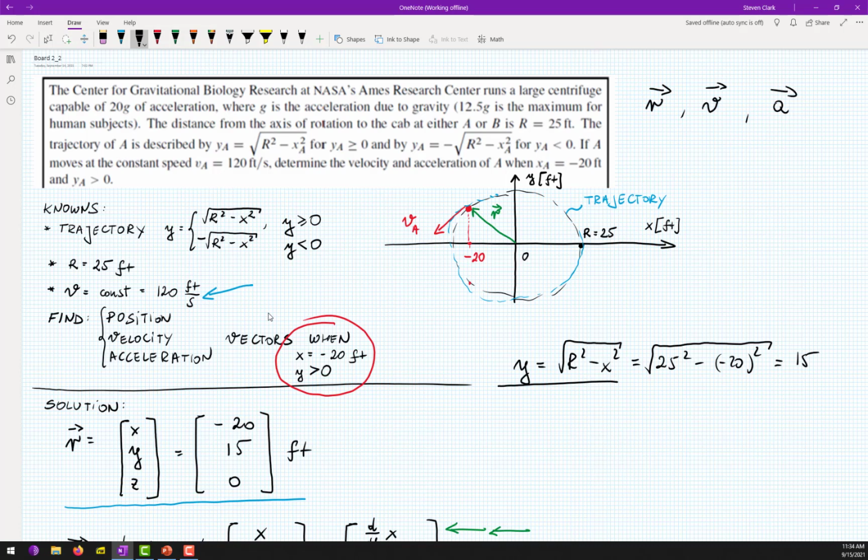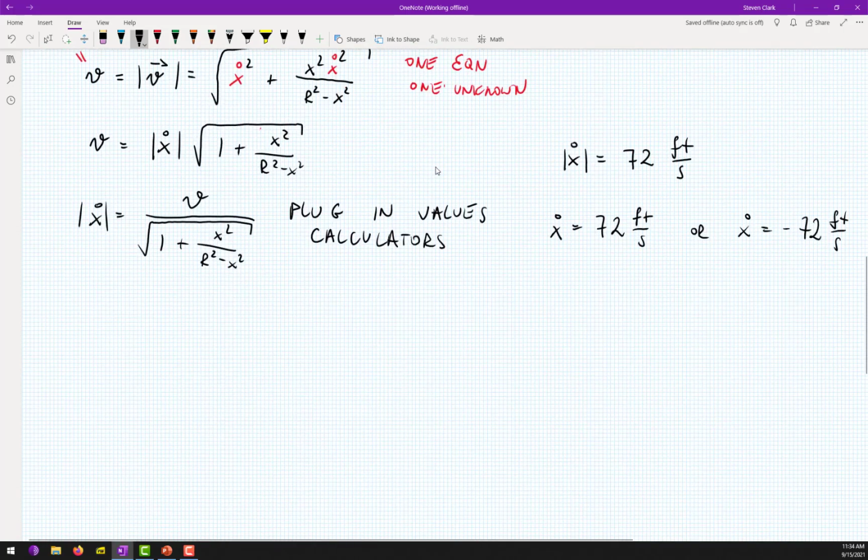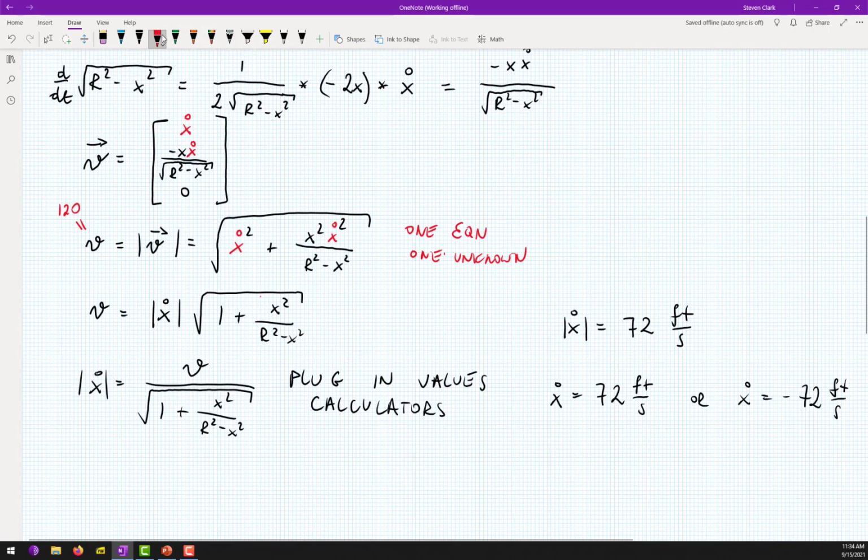You see that the velocity vector points towards negative values of x. So it will be minus 72, not positive 72. Perfect. So this one is not physical, but this one is physical.